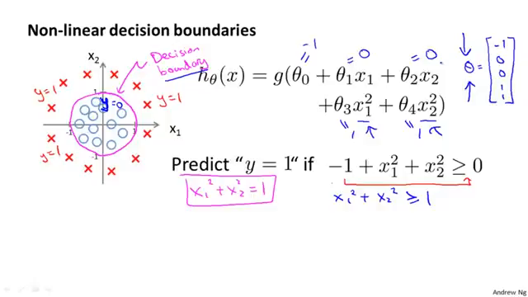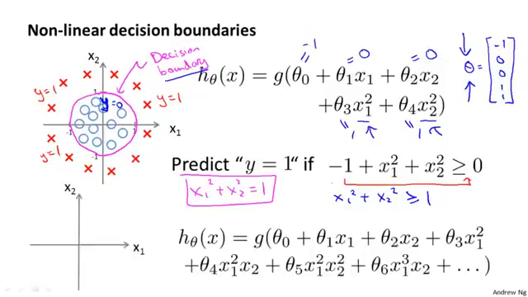And finally, let's look at a more complex example. Can we come up with even more complex decision boundaries than this? If I have even higher order polynomial terms, so things like x1 squared, x1 squared x2, x1 squared x2 squared, and so on, then it's possible to show that you can get even more complex decision boundaries, and logistic regression can be used to find decision boundaries that may, for example, be an ellipse like that, or maybe with a different setting of the parameters, you can get a different decision boundary which may even look like some funny shape like that.